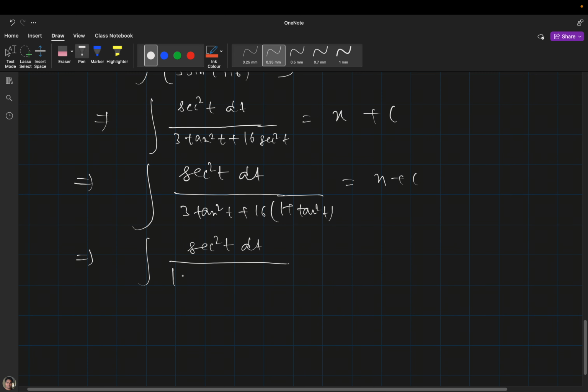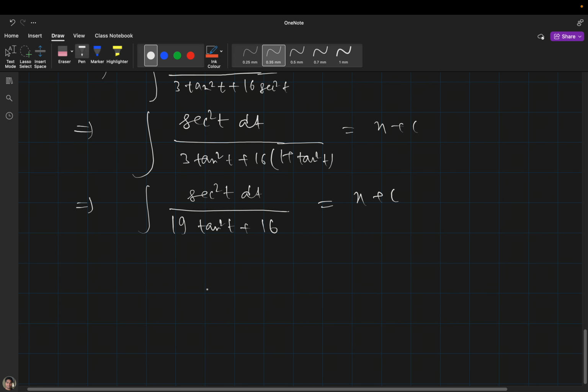So this will be sec square t dt divided by 19 tan square t plus 16 equal to x plus c. What kind of substitution will I perform here?